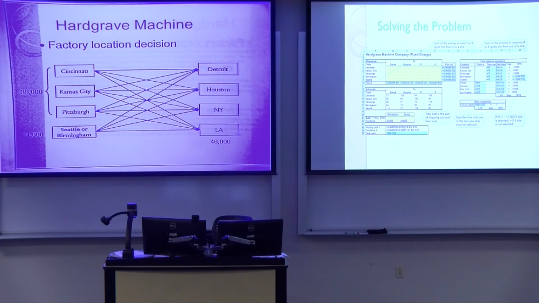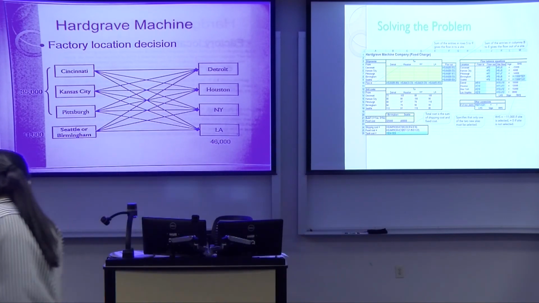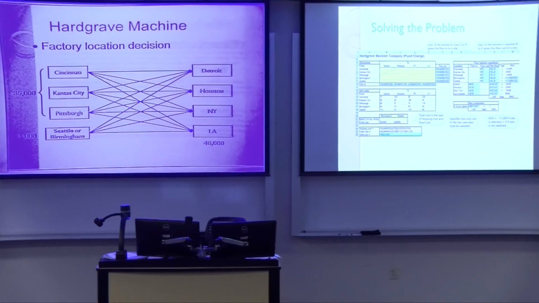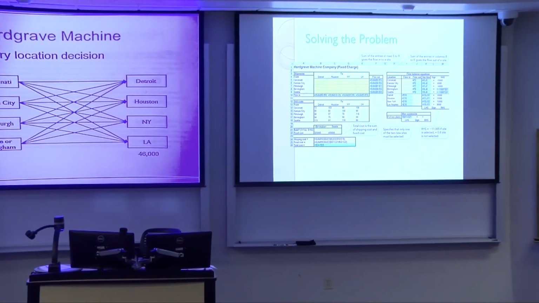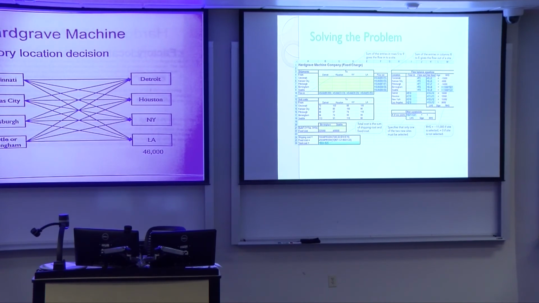Binary variables. This indicates whether the new plant is in Birmingham or Seattle. And this table is the unit transportation cost from each plant to the warehouse. This is given by the problem.